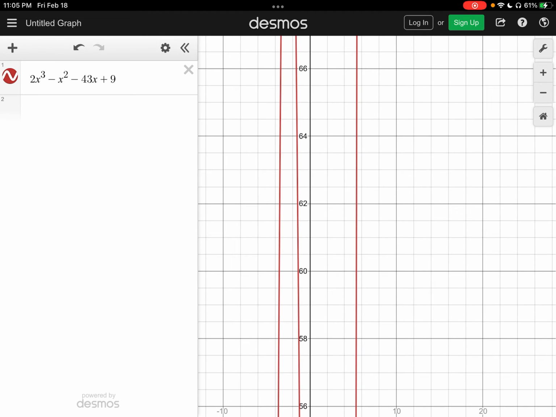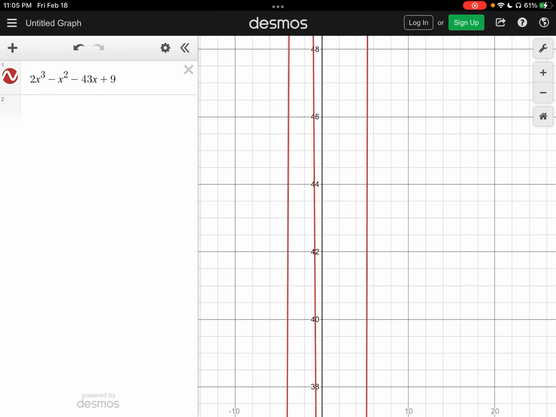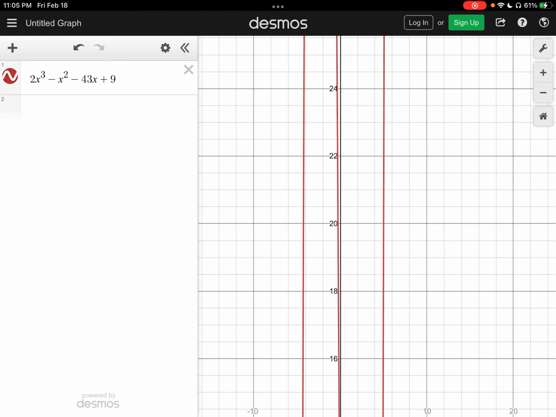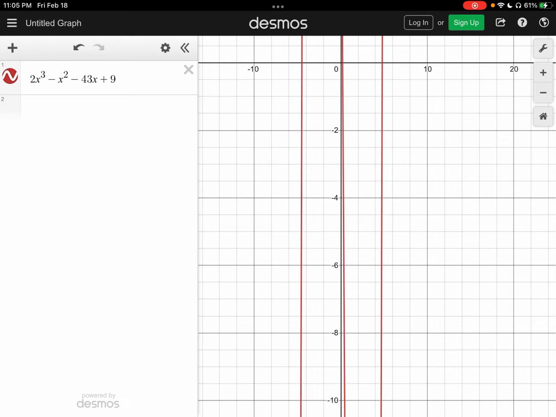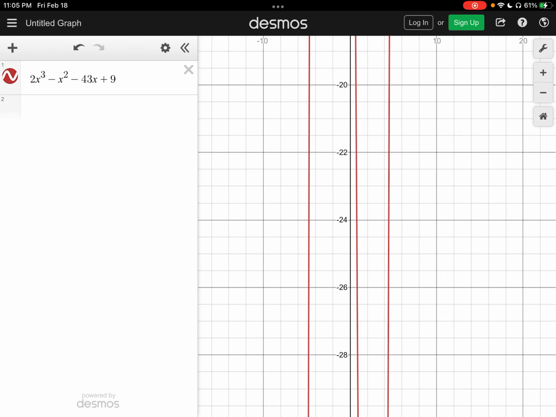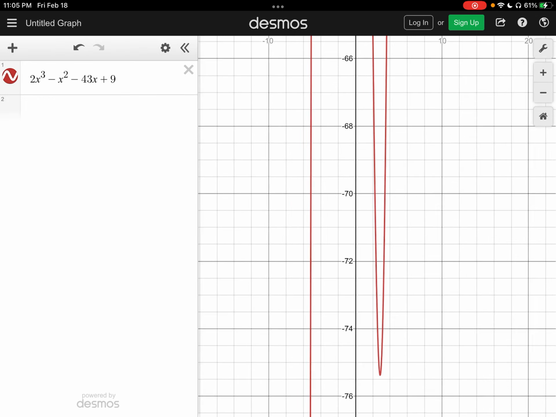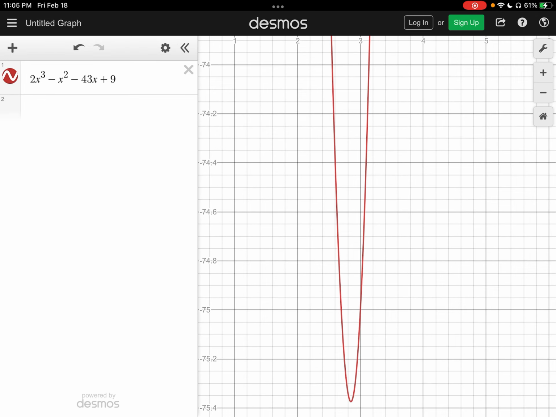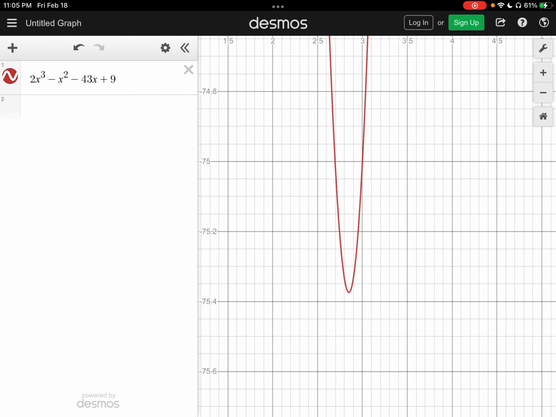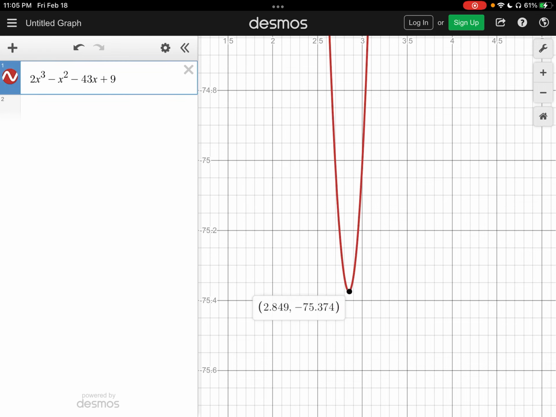And since we have a local maximum, we can look to find a local minimum as well. And that's going to be all the way down here. Again, this is how we study the behavior of polynomials. We see a local minimum at this point right here.